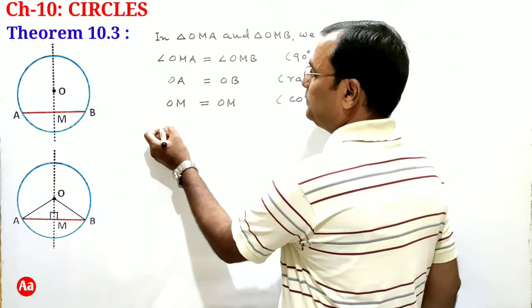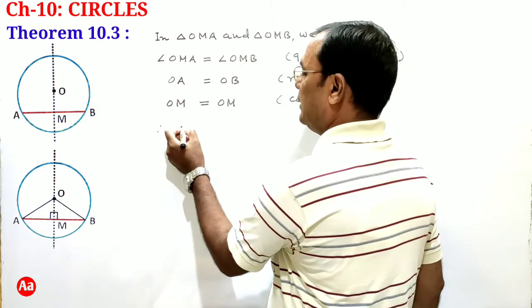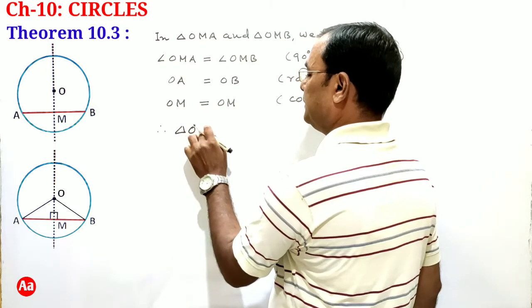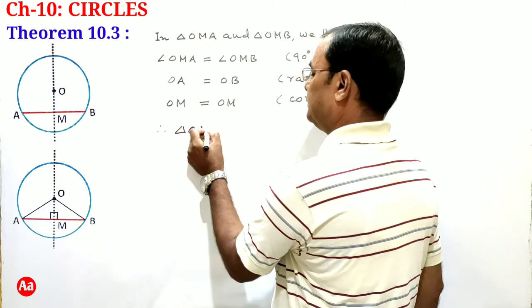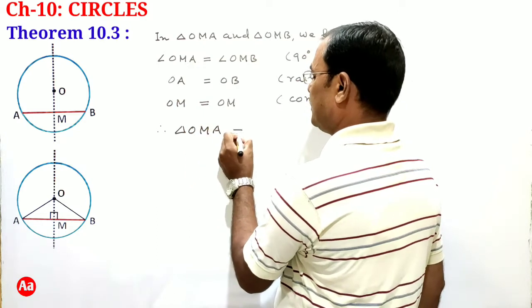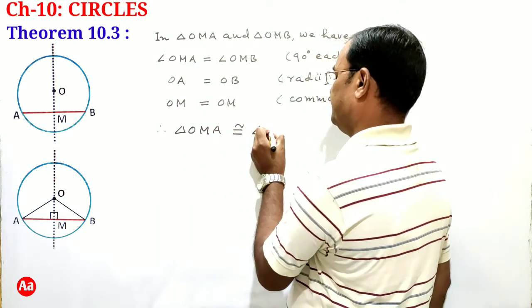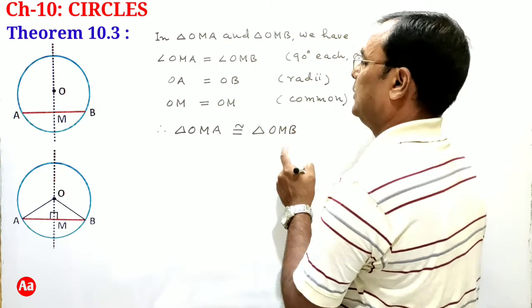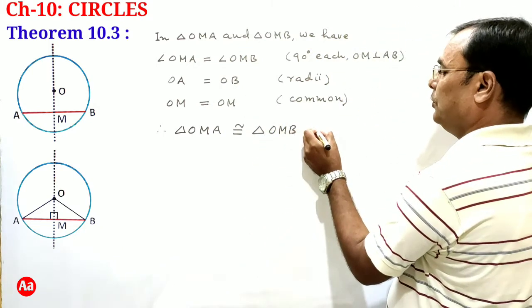Therefore, triangle OMA is congruent to triangle OMB, by which congruence rule?